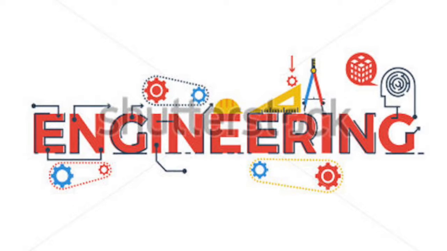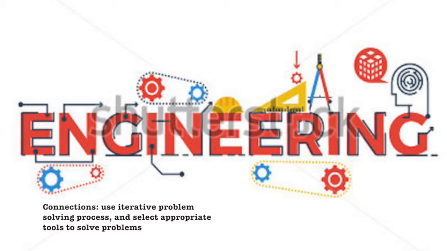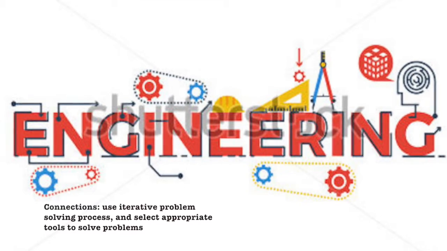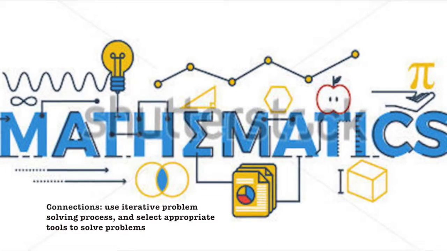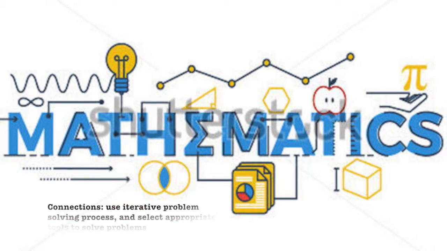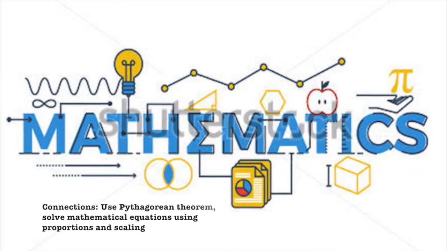In engineering, they will learn to use an iterative problem-solving process and select appropriate tools to solve problems. In mathematics, they will use the Pythagorean theorem and solve mathematical equations using proportions and scaling.